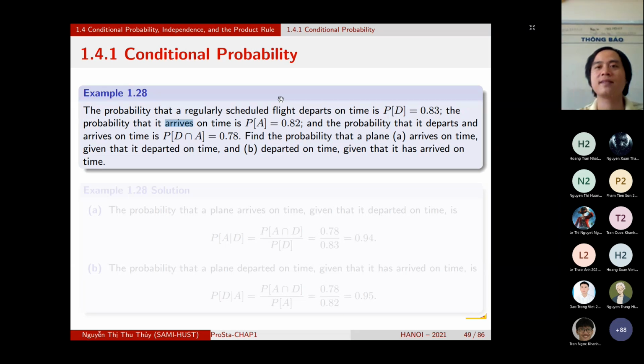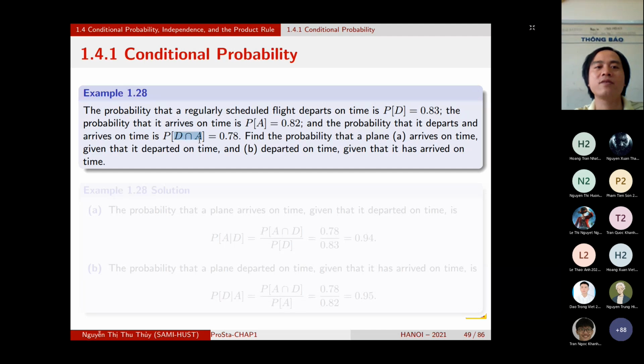So P(D) is equal to 0.83 and P(A) is equal to 0.82. Now we assume the probability that it departs and arrives on time, that means it departs on time and then arrives on time also, at the same time.